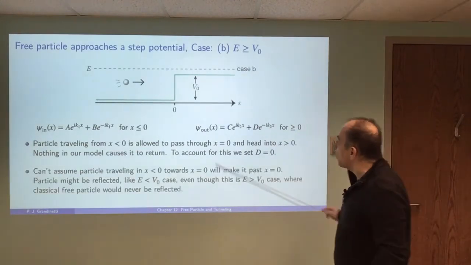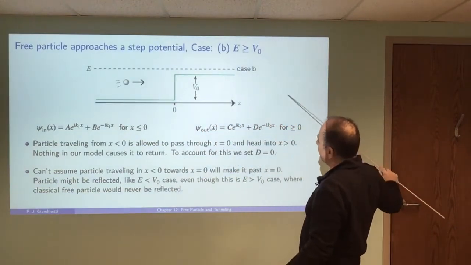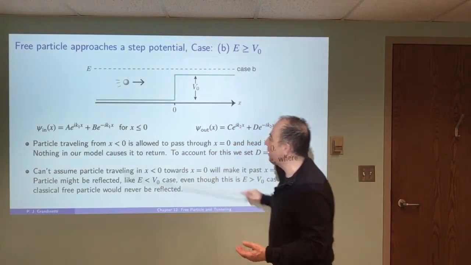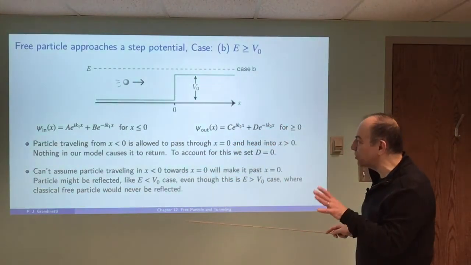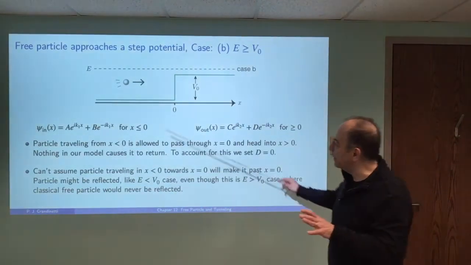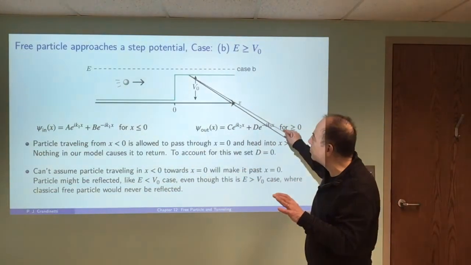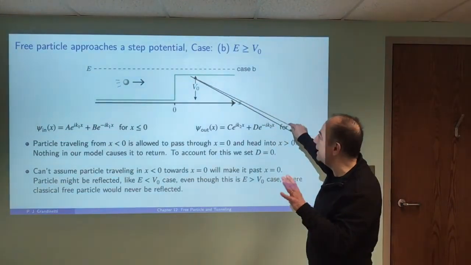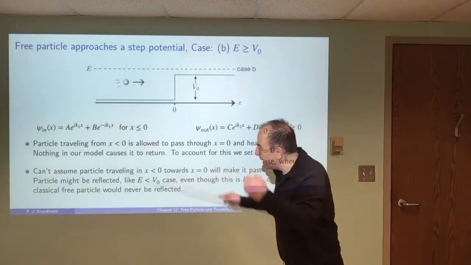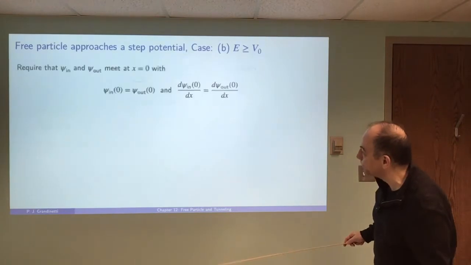Then when we get to this side, you might think that if the particle passes this barrier and continues on, we don't need this term here where it's going back to the left. But in actual fact, for a quantum particle, we can't rule out the fact that it actually hits the barrier and bounces back, even though it has more energy than the potential barrier it needs to overcome. So we're going to leave that possibility in over here, that it can actually bounce back.